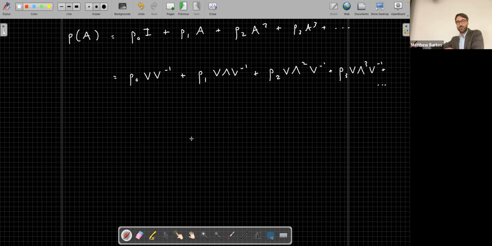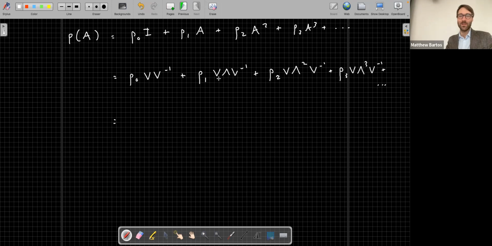Okay. And what can we do to simplify this expression? Note that all of these P's are just scalars. So what can we do to simplify this expression? So we can factor out V and V inverse. Let's go ahead and do that.